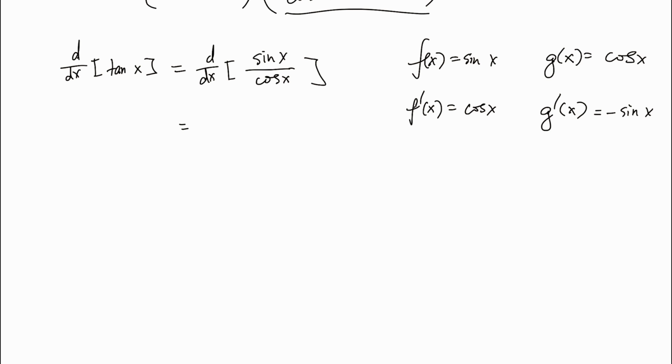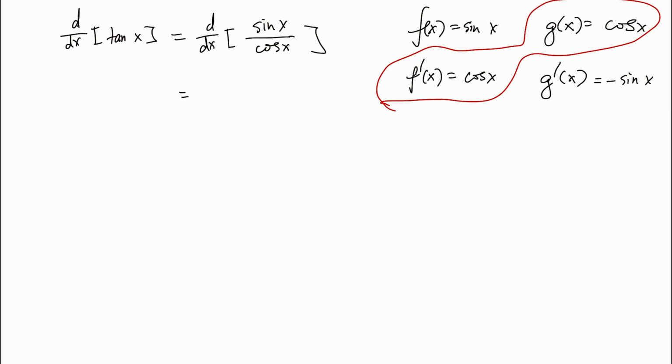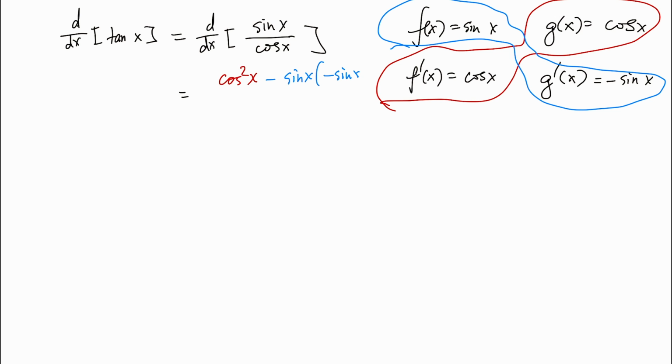And we want this subtract this. So what we have here is equal to this red part, cosine squared of x, subtract this blue part, so subtract sine of x times negative sine of x, all over g of x squared, so cosine of x squared.